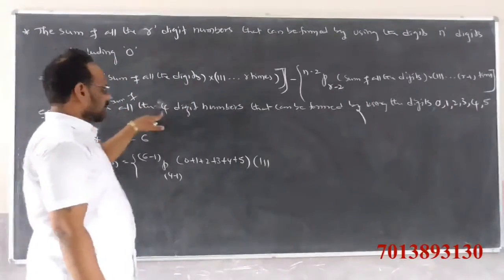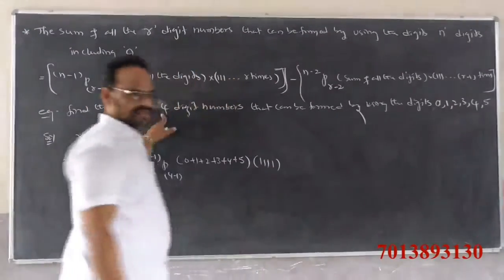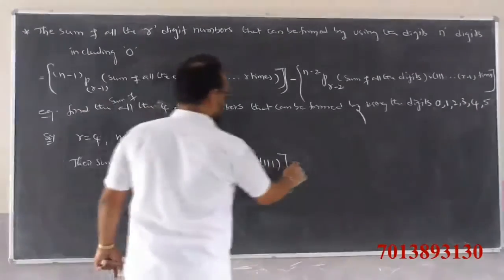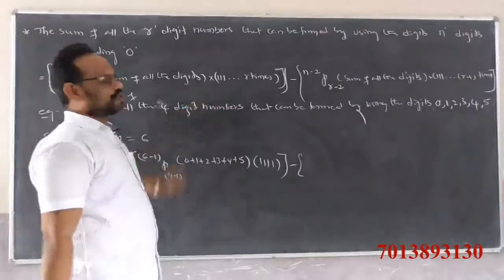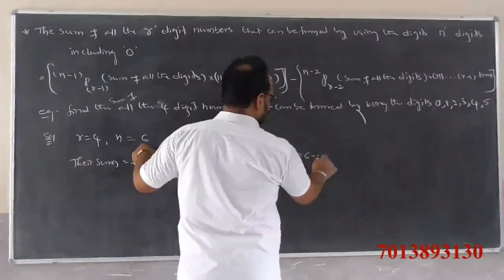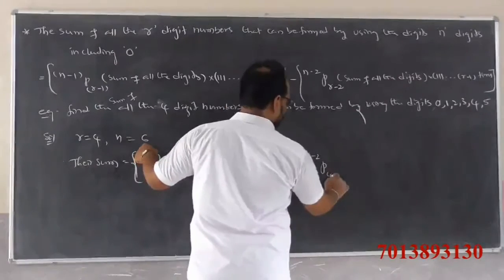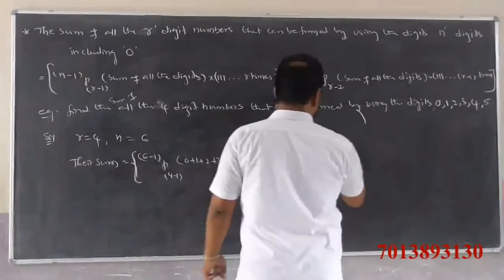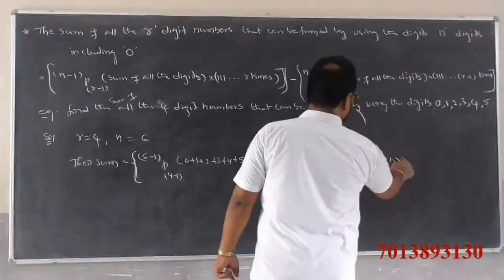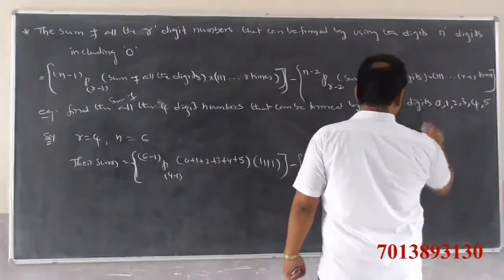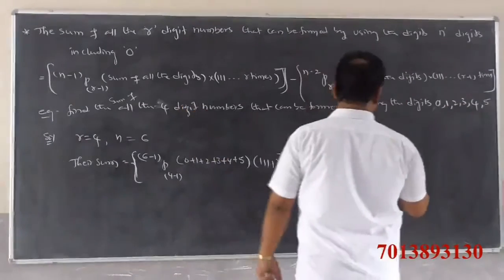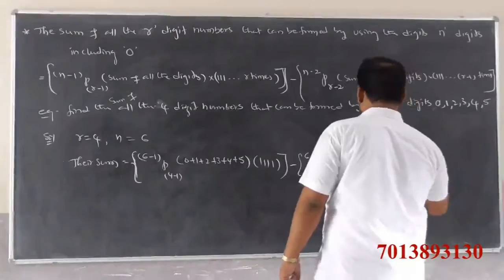R times means clearly 4 times, minus (n−2)P(r−2), that is (6−2)P(4−2), into the sum of all the digits 0+1+2+3+4+5 into 1 into 1 up to (r−1) times, that is clearly 4−1, 3 times.